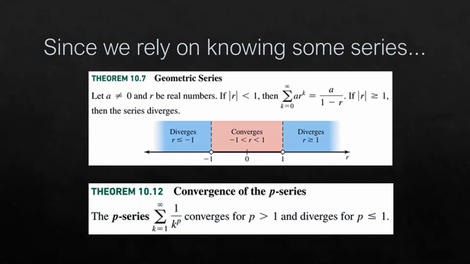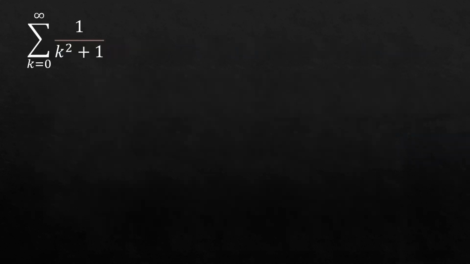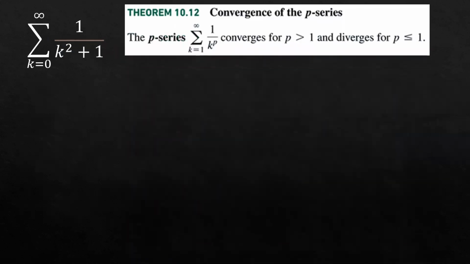All right. Since we rely on knowing series to compare to, we should remind ourselves of the geometric series and the p-series, when they converge and when they diverge. So looking at this series here, 1 over k squared plus 1, that looks like 1 over k squared, meaning we are thinking of this as a p-series that converges because p is 2, which is greater than 1.